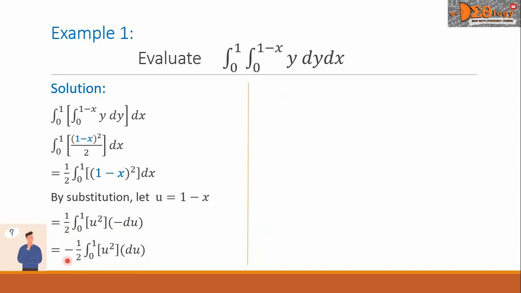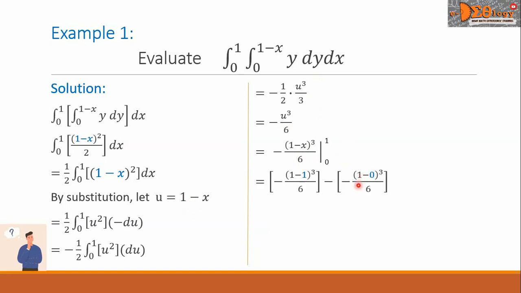This negative 1/2 constant we will just copy times the integral of u squared, which is u cubed over 3. We simplify further by multiplying 2 by 3. Let us return the value of u, and that is 1 minus x. So we have now negative the cube of 1 minus x all over 6. And this would be evaluated from 0 to 1.